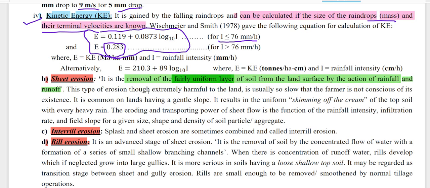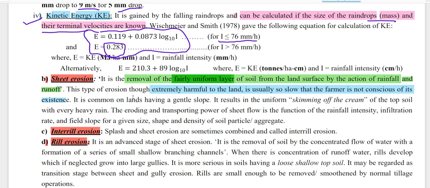This type of erosion is extremely harmful to the land. It is usually so slow that the farmers are not conscious of its existence, means we will not know whether it is happening or not. Extremely harmful.